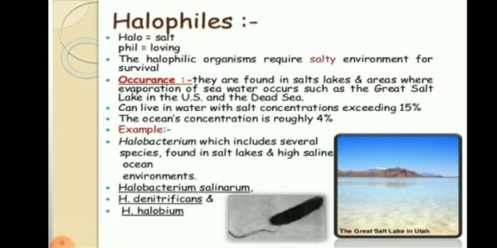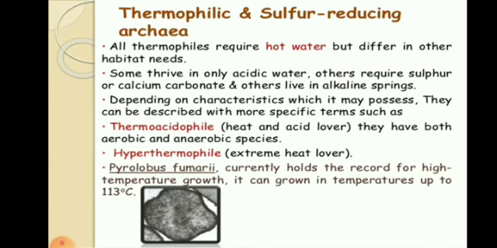They can live in water with salt concentration exceeding 15%, while the ocean concentration is roughly 4%, so they can live in very salty conditions. Its example is Halobacterium, which includes several species found in salt lakes.